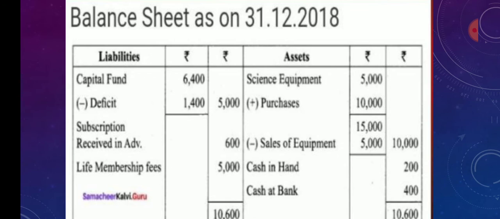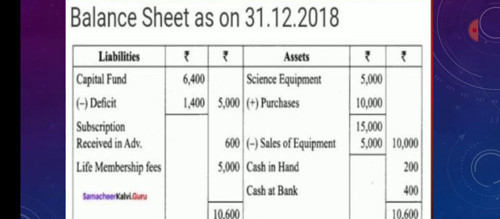Next, the asset side. Science equipment 5,000, add purchase of equipment 10,000, so total 15,000. Less sale of equipment 5,000, so 15,000 minus 5,000, totally 10,000.